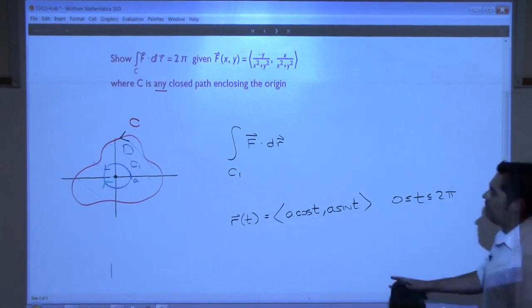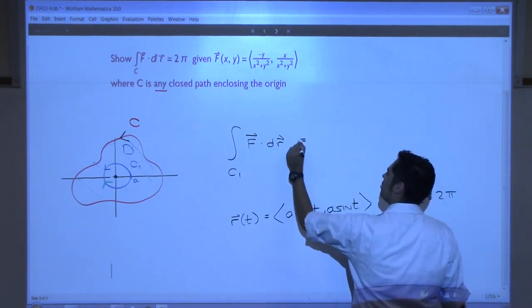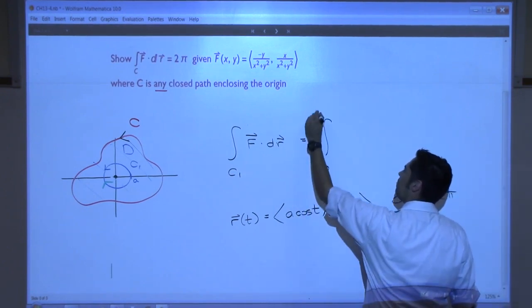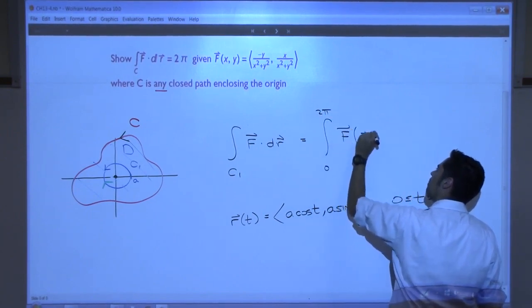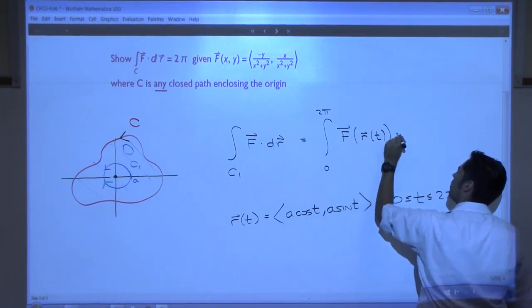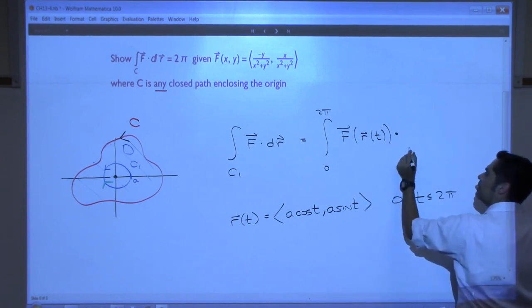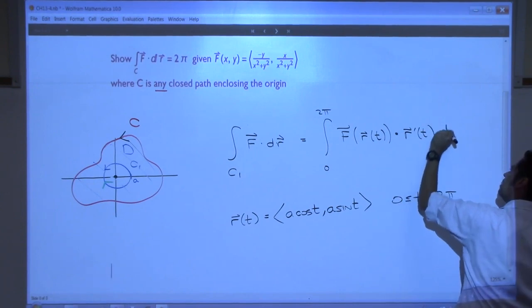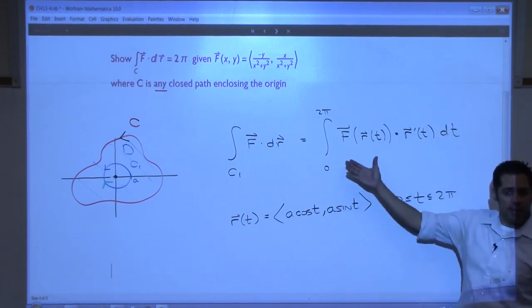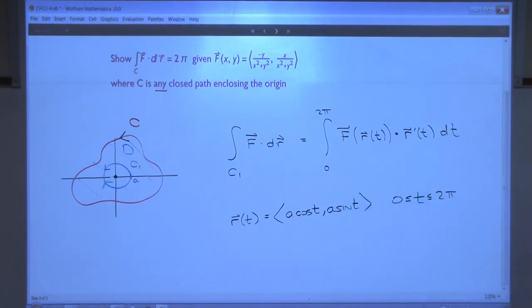Now, from what I'm hearing, you're going to go in here and go 0 to 2 pi. You're going to take the vector field, plug in r of t, and then dot that with the derivative of r of t, and then dt. I believe that's the formula that you're using here. Okay.